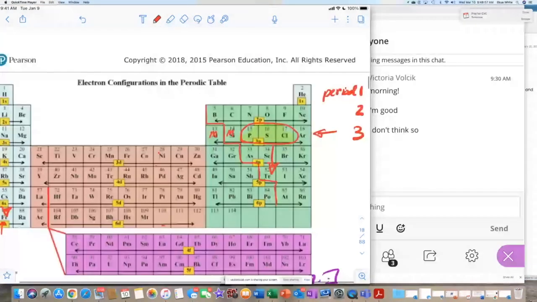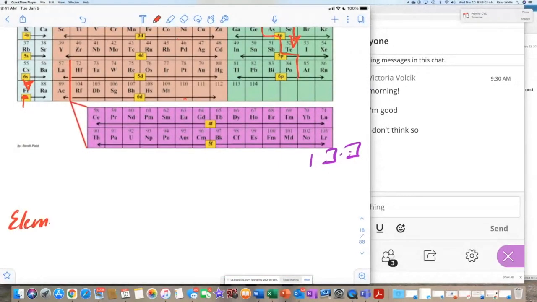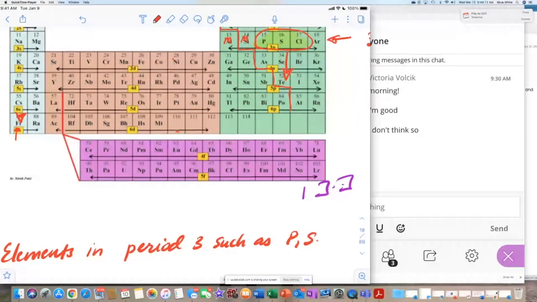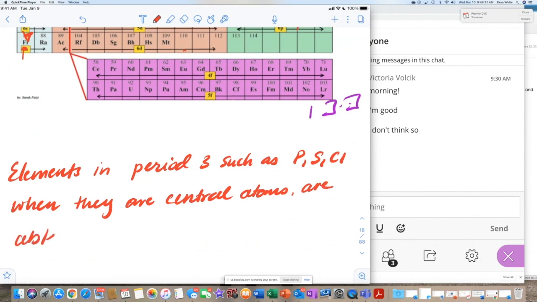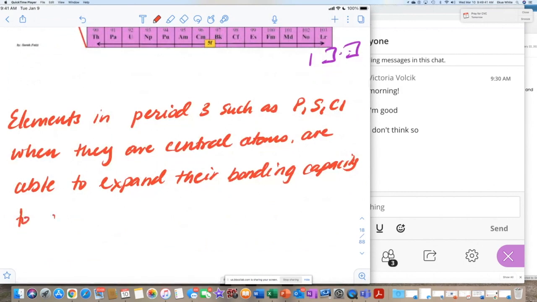Right. So let me try to paraphrase that as we talk about this. Elements in period 3, such as, I had a list right here: phosphorus, sulfur, chlorine, when they are central atoms, are able to expand their bonding capacity to accommodate extra atoms.